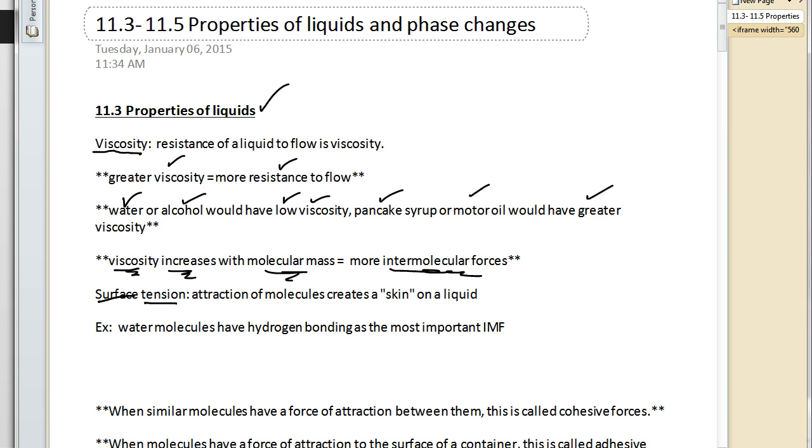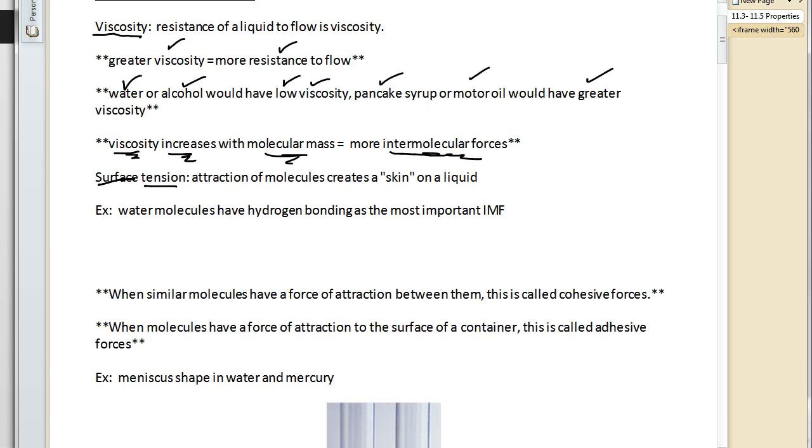Surface tension is the attraction of molecules that creates kind of a skin on a liquid. Let me scroll down a little bit, and I'm going to give you a couple examples. Water molecules are going to have hydrogen bonding, as we know. One water molecule has a force of attraction to another water molecule due to these water molecules being polar.